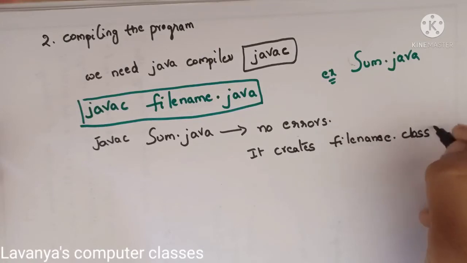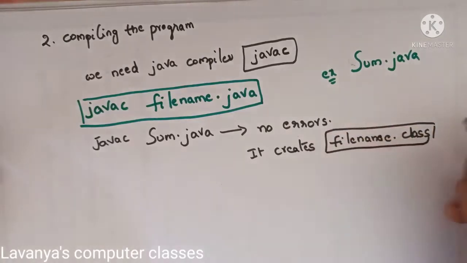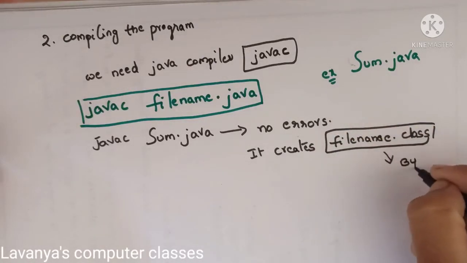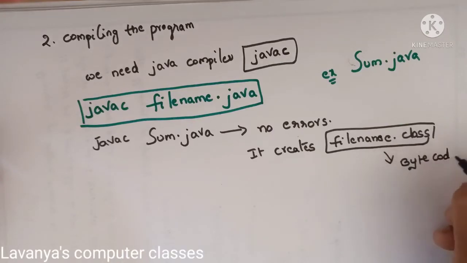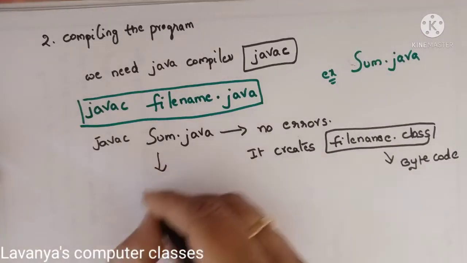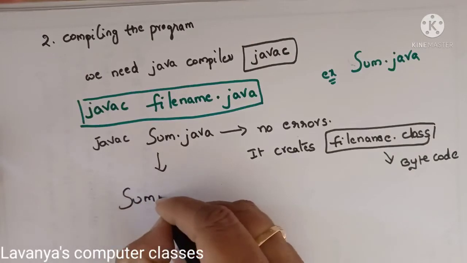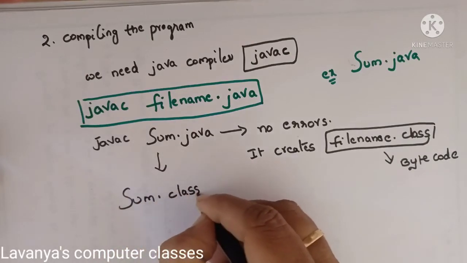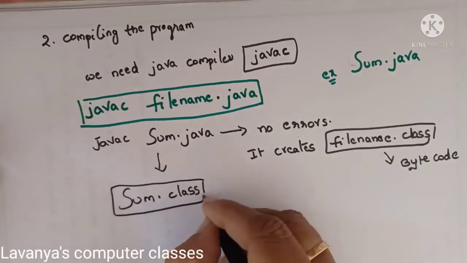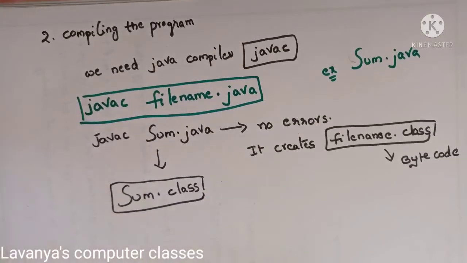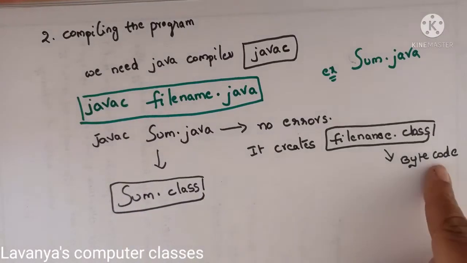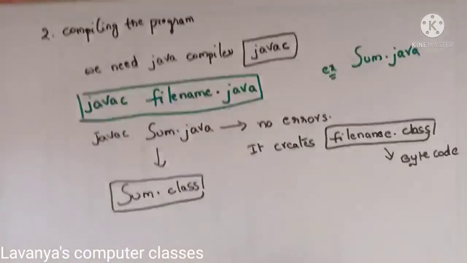In this example, Sum.java, there are no errors, so the Sum.class file is created. The class file contains bytecode. The .java file contains source code and Sum.class contains bytecode. So this is the second step, that is called compiling the program.